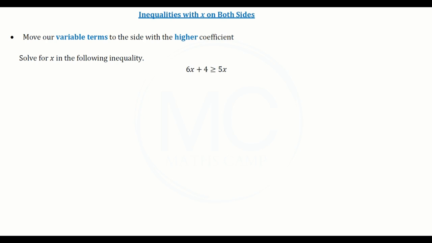Solve for x in the following inequality. 6x plus 4 is greater than or equal to 5x. We have an x term and an x term. 6 is our higher coefficient, so we're going to move our 5x to the left-hand side. So we have 6x.